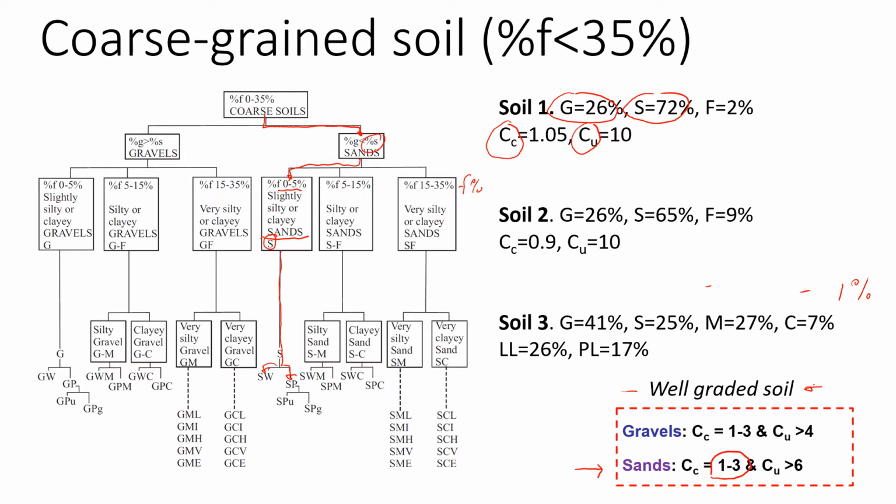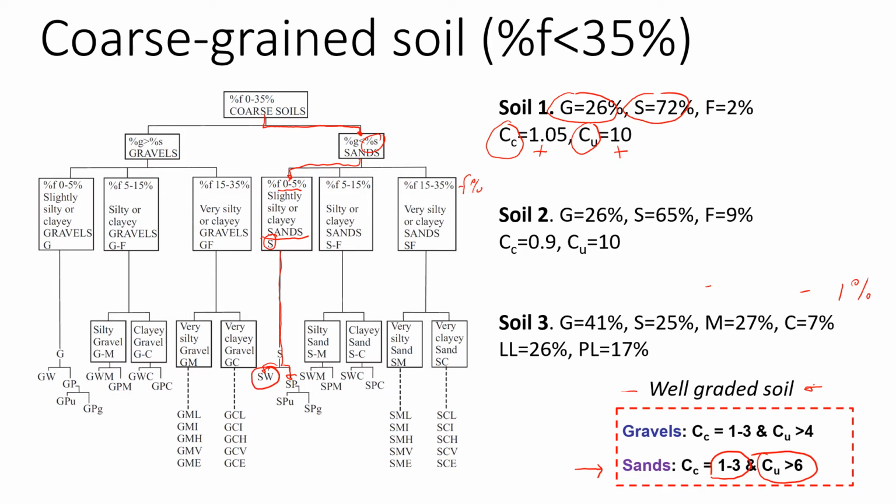And yes, the coefficient of curvature given for this soil is 1.05, so it actually fits in the range. And the coefficient of uniformity needs to be more than 6, and we have more than 10. So the coefficient of curvature and coefficient of uniformity both meet the criteria for this soil to be well-graded, and that's going to be our answer.